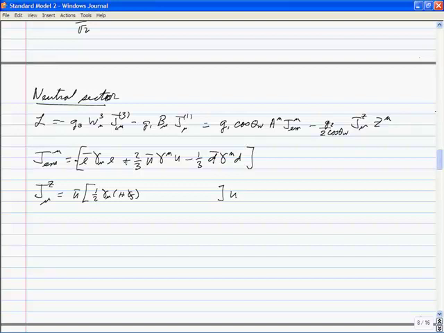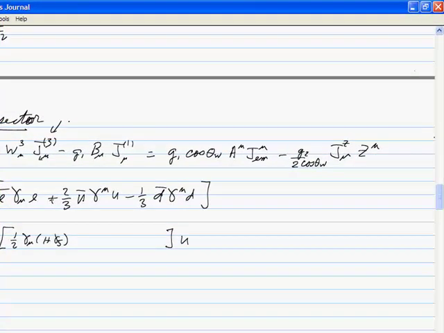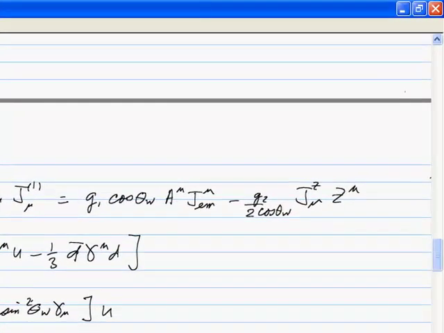Okay, so that's the original current, that's the W J3 μ, and then you mix in a piece proportional to the sine squared of this weak angle with just a γ^μ.